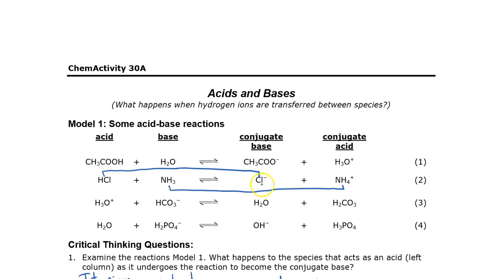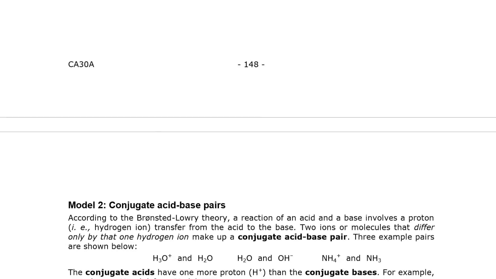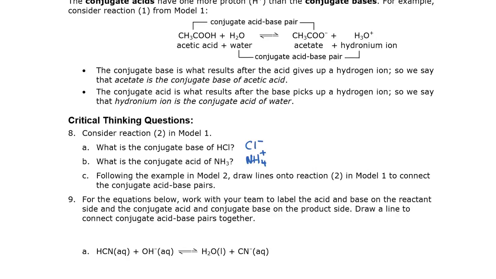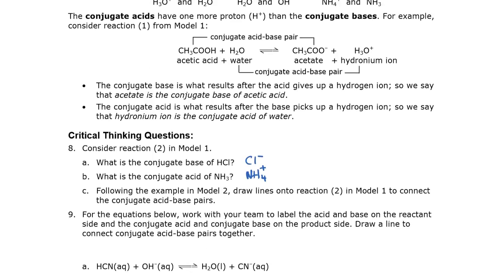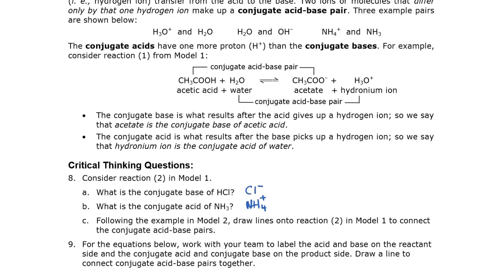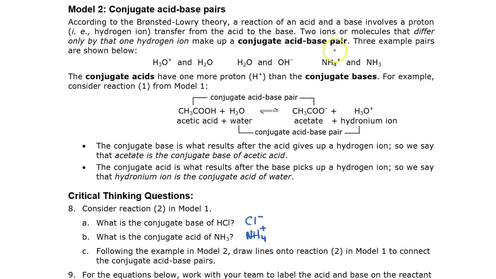Great, so HCl and Cl- are a conjugate acid-base pair, and NH3 and NH4+ are a conjugate acid and base pair. These differ only by that one hydrogen ion. Got it?